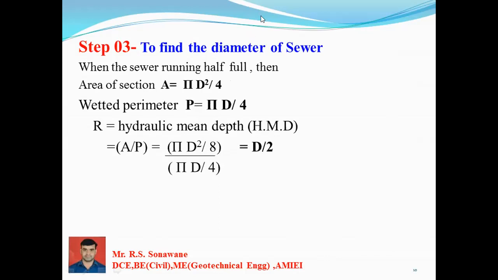So correct that value. Then put that A and P parameter in this formula, A upon P, and we will get D by 2. Is that clear?